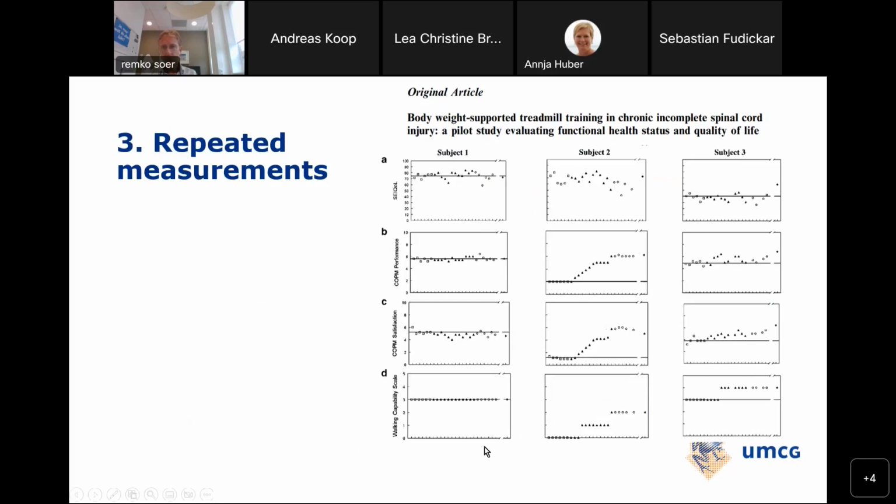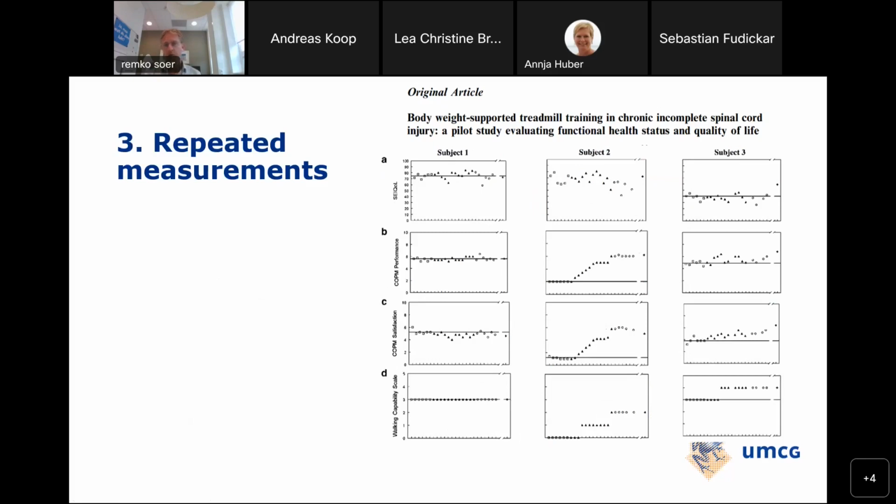Then you see, for example, that body weight supported treadmill training is not going to work for walking capacity in this subject. Not even for a bit. It is very stable. So you can just perform normal statistics on this, and you would indeed see a non-significant difference within that person on walking capability.